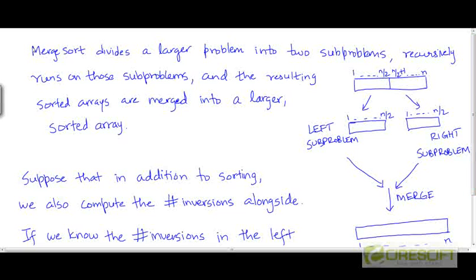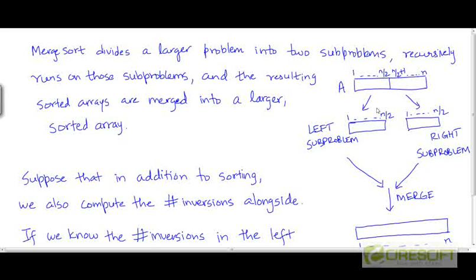Now before we look at the specifics of computing the total number of inversions, we need to recap the essential features of merge sort, because we are asked to use that algorithm to compute the number of inversions. So merge sort takes the larger problem and divides it into two subproblems.